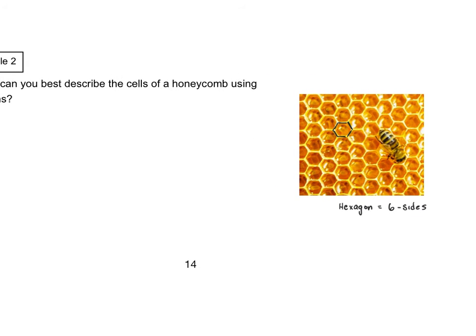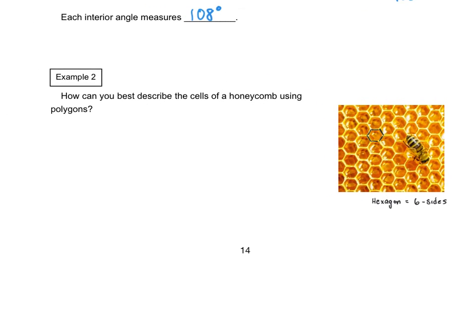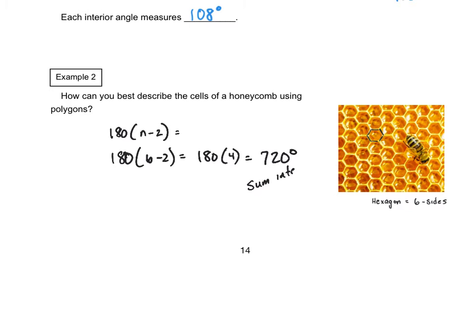And then what else could we be able to figure out about that? I know that the internal angles of that hexagon or that honeycomb would be 180 times n minus 2, which in this case n is 6 sides. So I have 180 times 6 minus 2 is equal to 180 times 4, which is 720 degrees. So that's the sum of the internal angles.